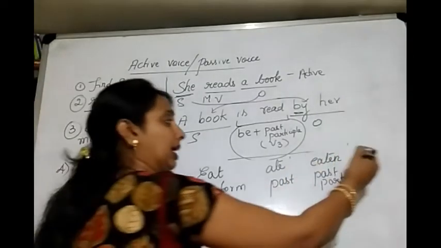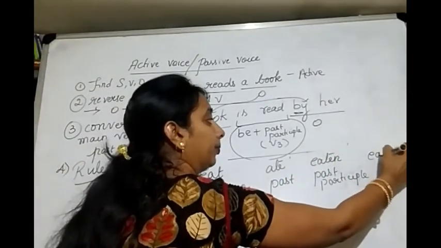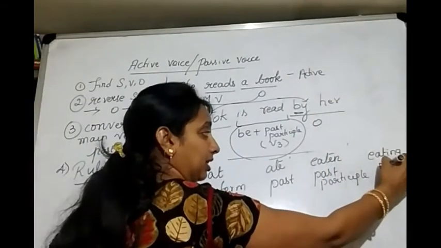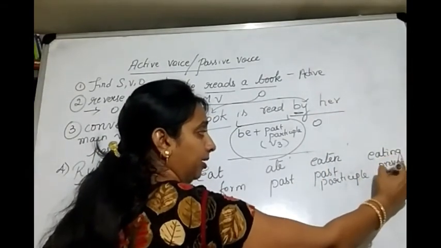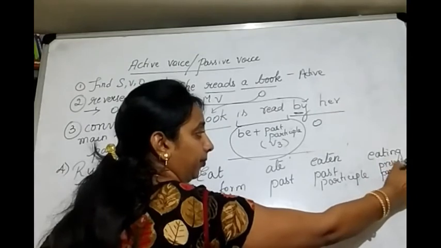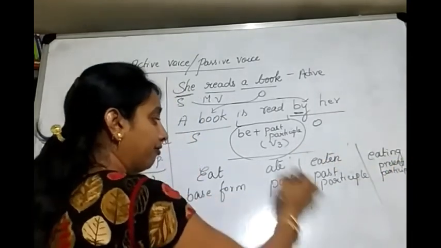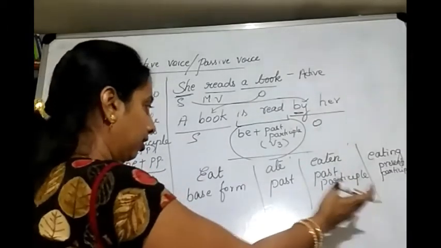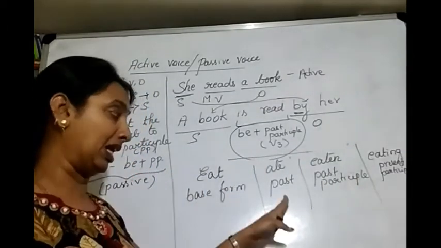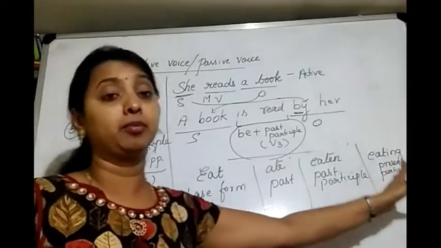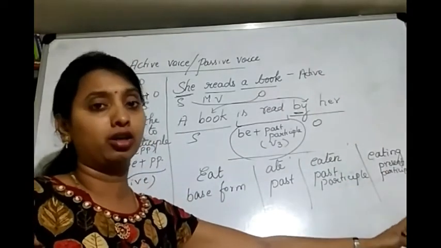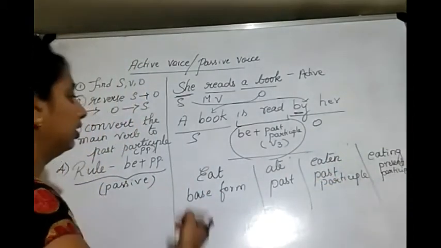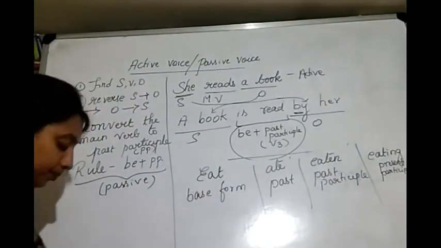Next, the fourth one is eating. That is present participle. So every main verb has four forms. One is base form, past tense, past participle, present participle, or you can also call it as a progressive, ing form. We will take other examples.